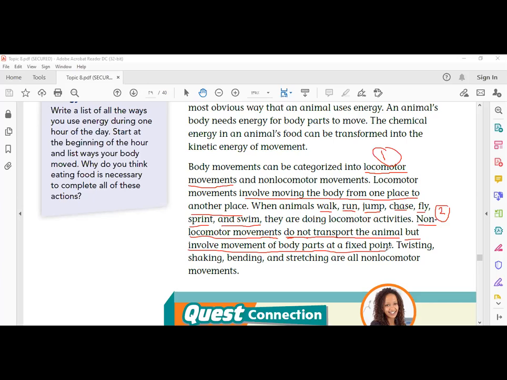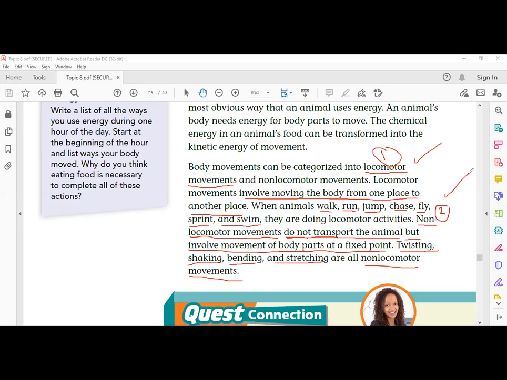This is called non-locomotor activity. Twisting, shaking, bending, and stretching are all non-locomotor movements. Either way, locomotor or non-locomotor, the animal uses energy.